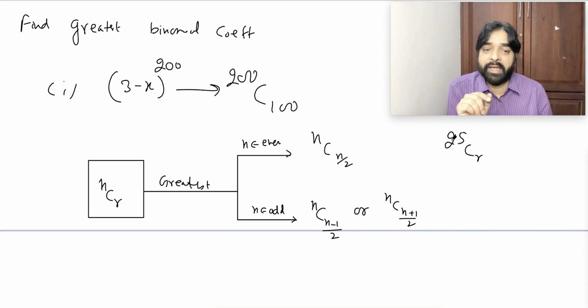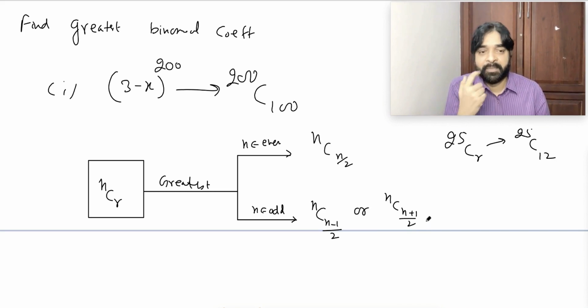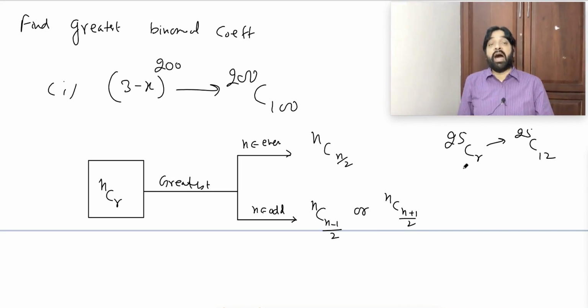So n is odd, so for r equal to (25 - 1)/2, meaning 24/2, meaning 12. So the greatest value will be 25C12. There is no difference, both are the same thing. So this will be the greatest value if r is varying.